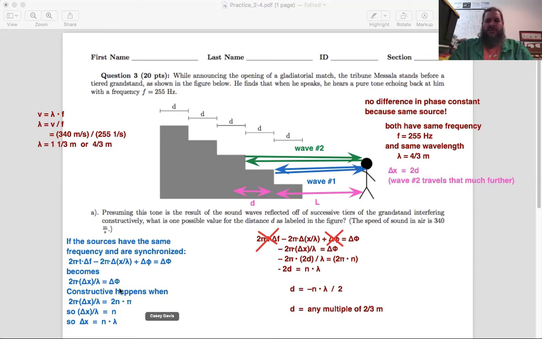Alternatively, what if we wanted destructive interference? Instead of delta x being a whole number times wavelength, what would we get instead? Like a fraction? Specifically, what kind of fraction? Because a whole number also counts as a fraction. You could just write it as n over 1. 1/2? Yeah, 1/2, or what other fractions?